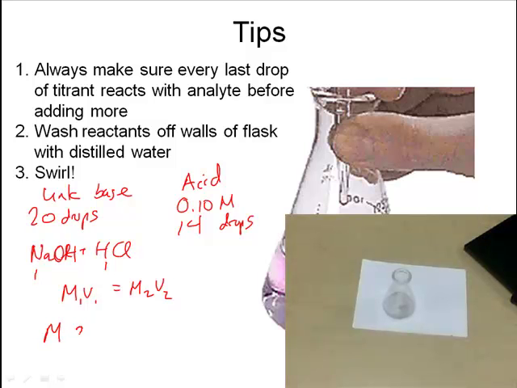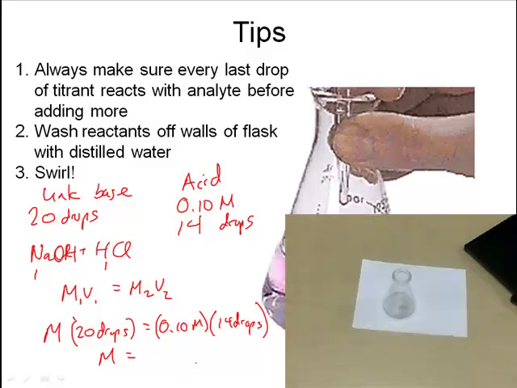The volume is 20 drops. The molarity of the acid is 0.10 molar, and the volume of the acid was 14 drops. So here we can solve for molarity, divide both sides by 20. So this here would be 0.10 times 14 divided by 20.